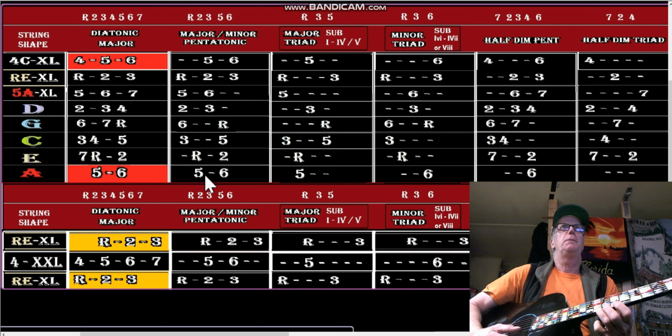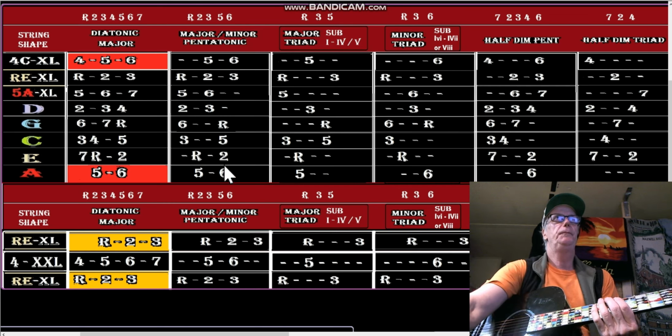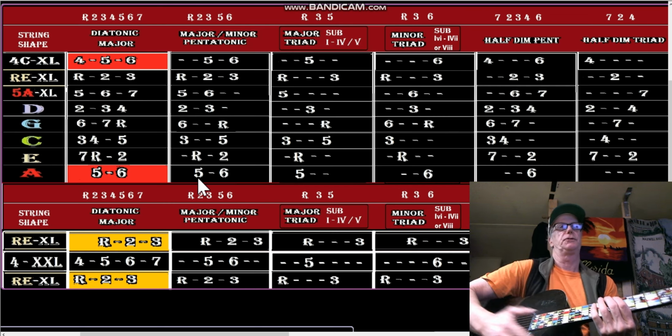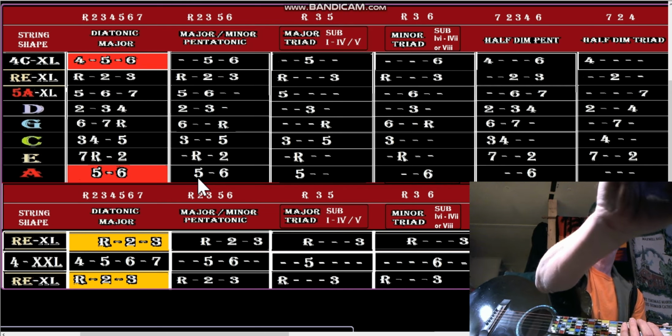Why is that a dominant pentatonic? Because the 5th, okay, is the A shape, and in the root key, that's the 5th. So you're starting on the 5th. You're going like that.